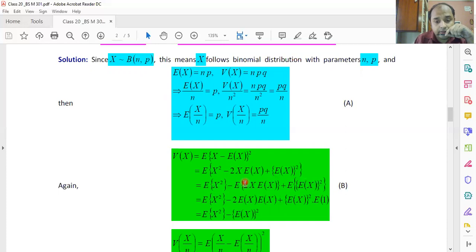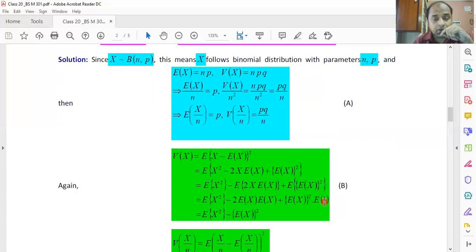But you see, the quantity 2 is constant and the quantity EX is also constant, because expectation of any random variable is constant, because expectation represents average and average is constant. So we can take 2 and EX outside the expectation sign and we get 2 into EX multiplied by E of X. Here EX whole square is also constant, so we can take it outside and inside we get E of 1.